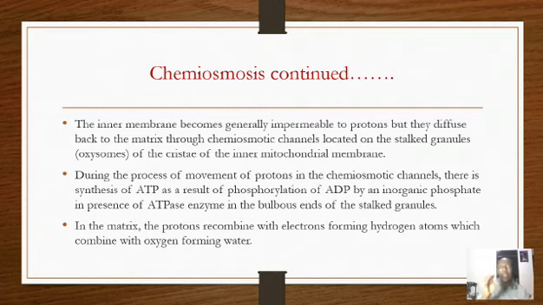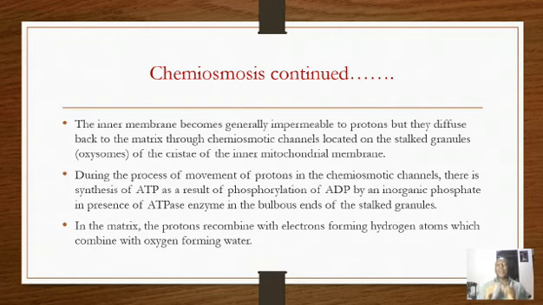Therefore, the hydrogen ions or protons diffuse from the intermembranous space across the chemiosmotic channels back to the matrix. Why are we saying they diffuse? Because they are moving from the intermembranous space where their concentration is high to the matrix where their concentration is low, but across chemiosmotic channels.